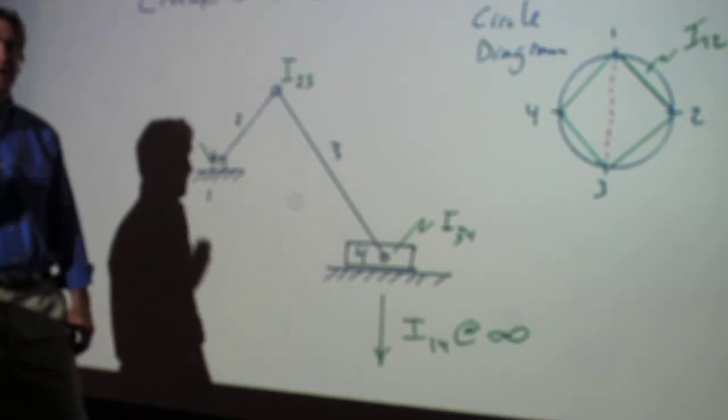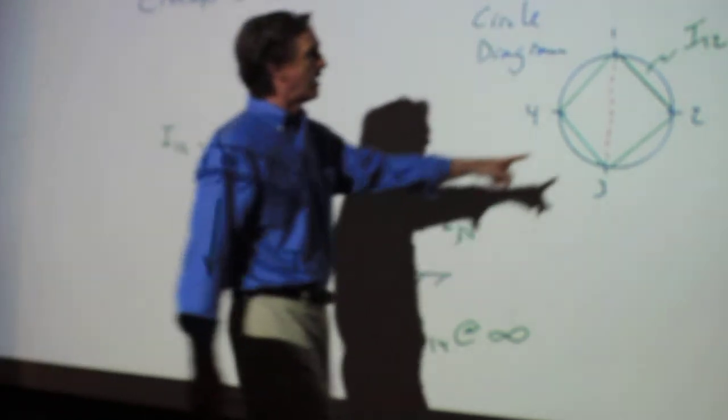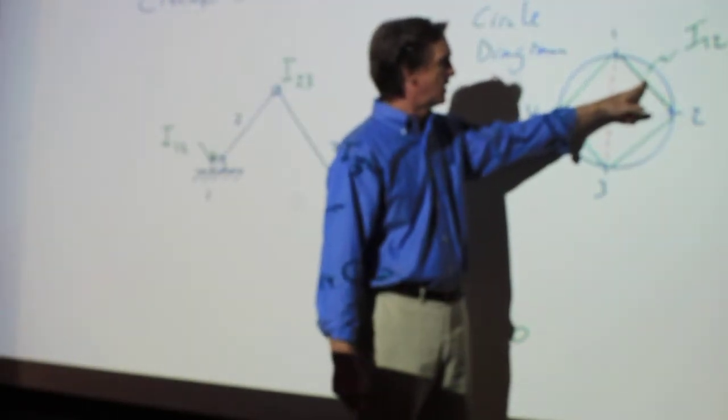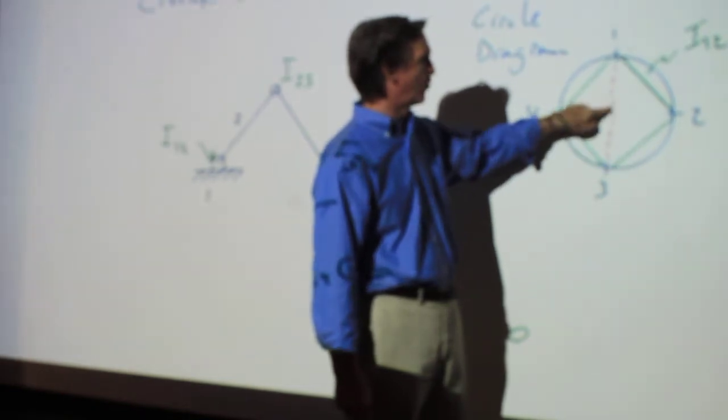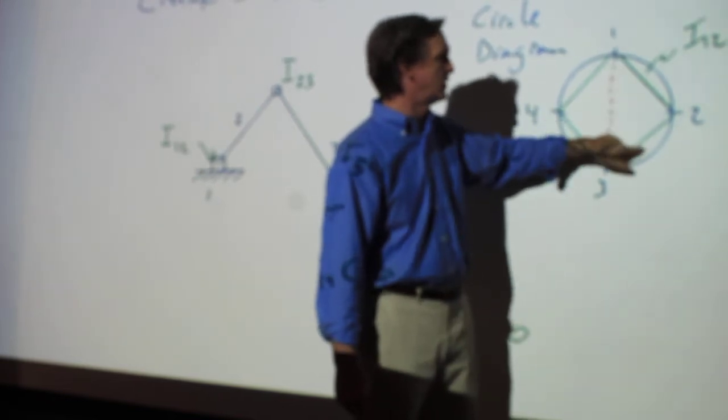And so if you look at this, Kennedy's theorem says that 3 instant centers all lie on the same line. So instant centers 12, 23, and 13 lie on the same line. So let me draw a line through 12 and 23.